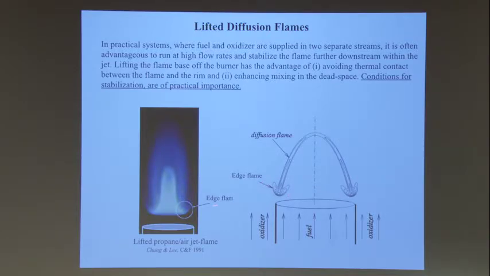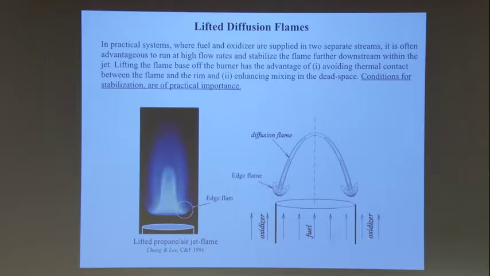So what I refer to as an edge flame is this structure in this vicinity. It's a flame that doesn't terminate at a boundary, but has an edge, okay? And that edge is quite rich, as we shall see in a moment.